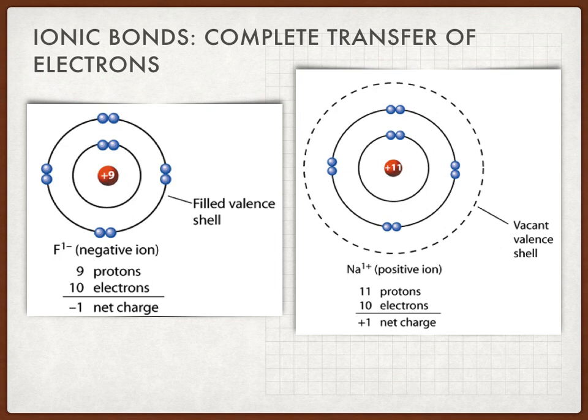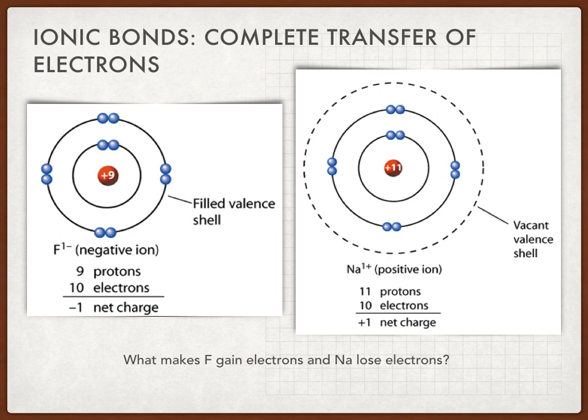Well, in reality, neutral fluorine would react with a neutral sodium atom. The electron transfer would happen when they interact, and then they'll stay together after the electron transfer because of the resulting ionic bond.